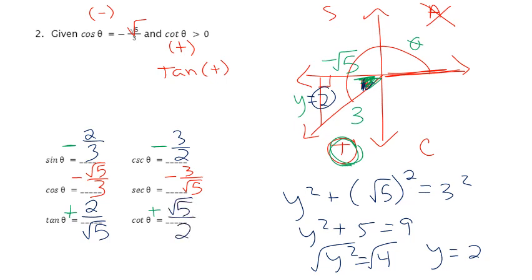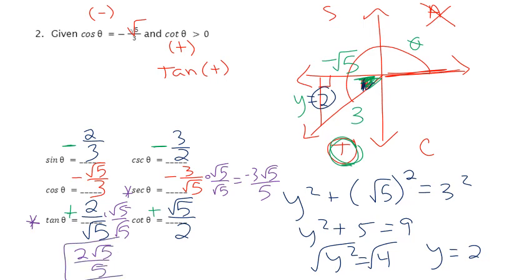And then the last step would be to rationalize. So we have to rationalize tangent, which is positive, and secant, which is negative. So negative 3 root 5/5. And 2 root 5/5. And then this would be your final answer.